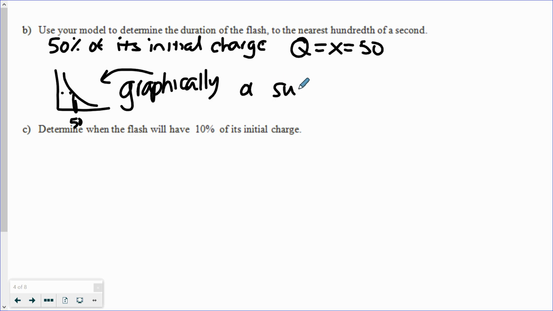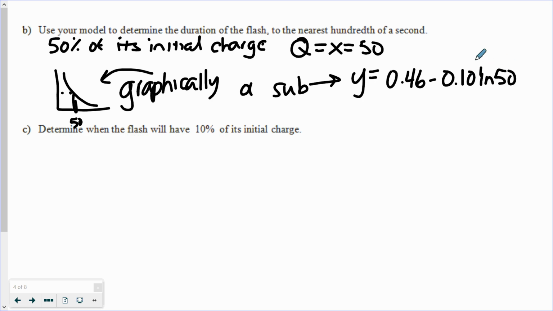Or you can substitute into that equation that we wrote for part A. Again, you might need an extra set of brackets there.